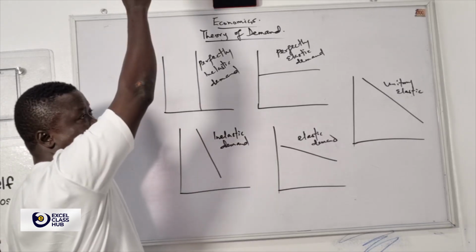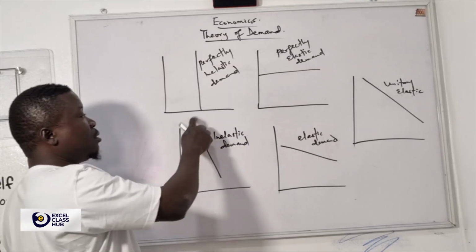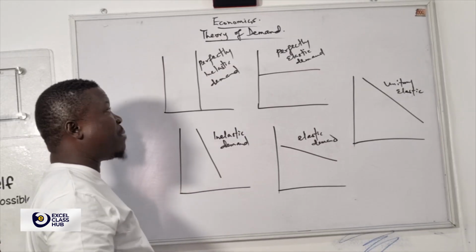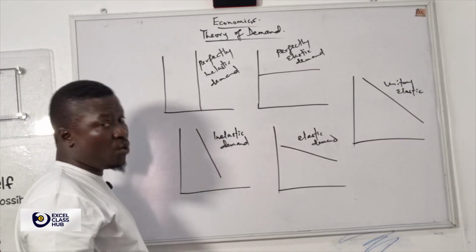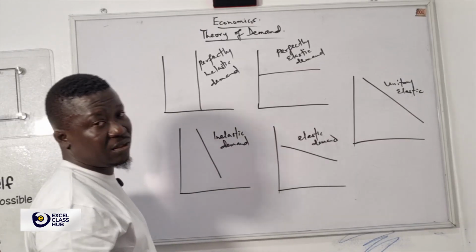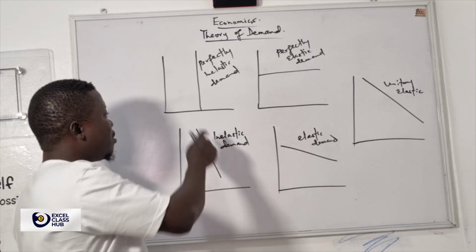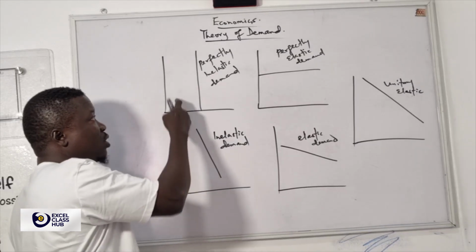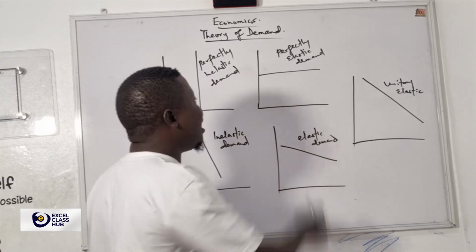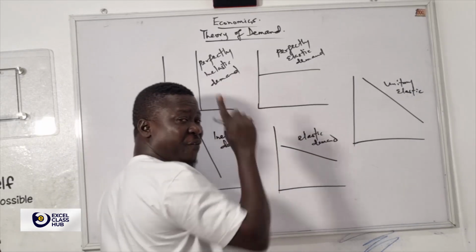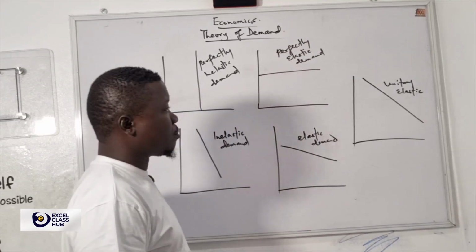A good that has perfectly inelastic demand, at the same quantity, you won't mind the price. At the same quantity, the price can go up. For perfectly inelastic demand, at a fixed price, quantity can be 1,000 or above.